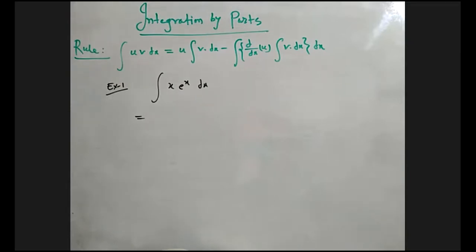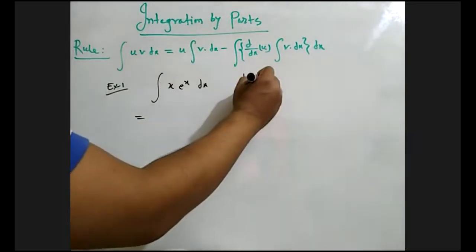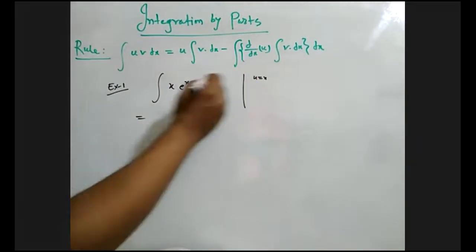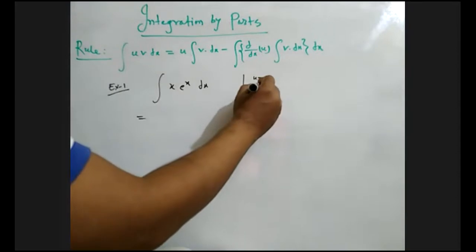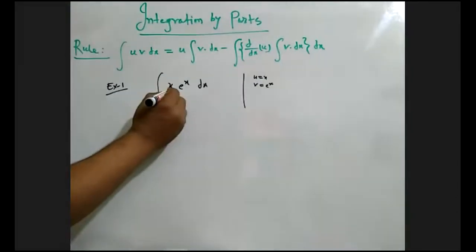First of all, we have to decide which will be u and which will be v. Suppose here we consider u equals x, which is differentiable, and v equals e to the power x. The first one is u and the second one is v.